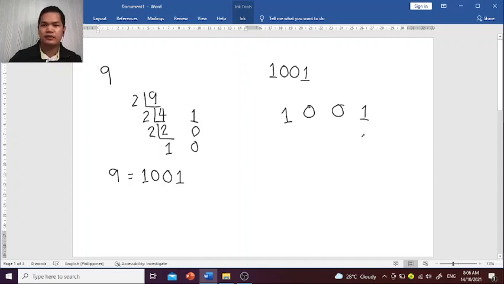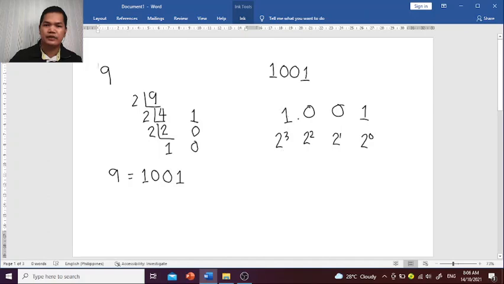So we have here 2 to the 0, 2 to the first power, 2 to the second power, and 2 to the third power.